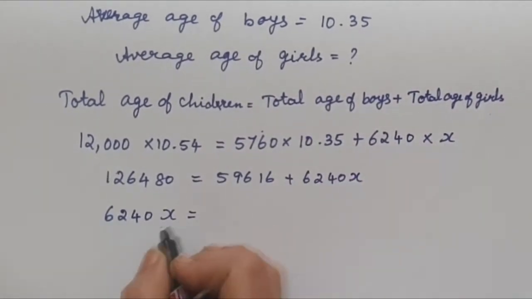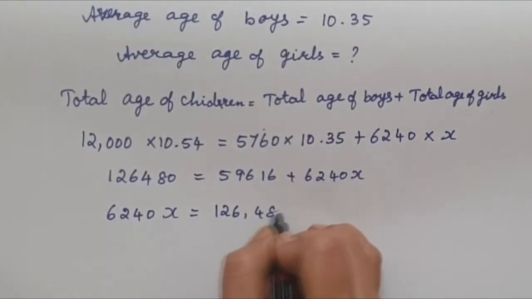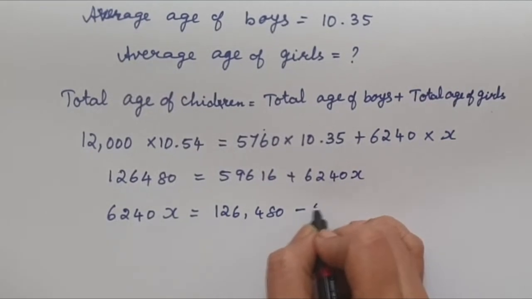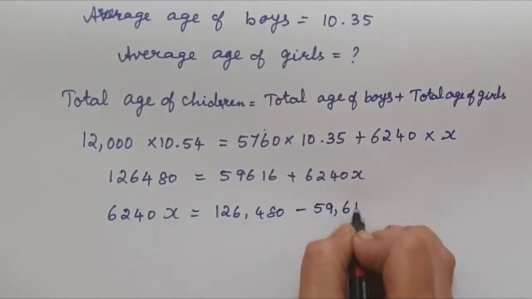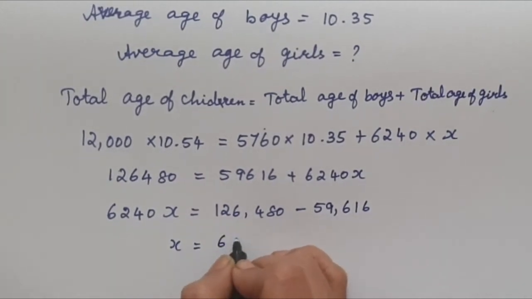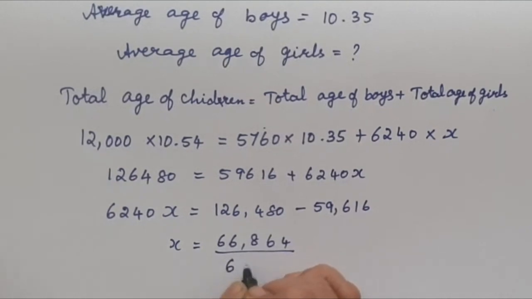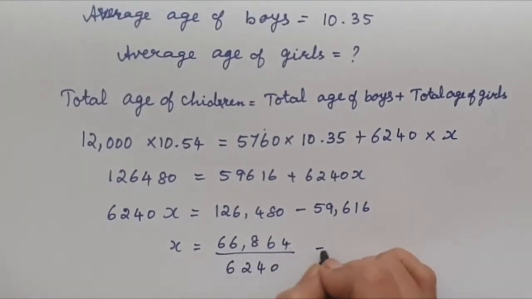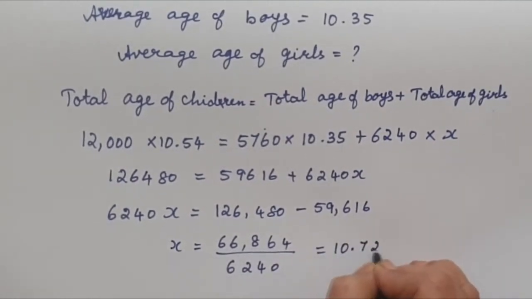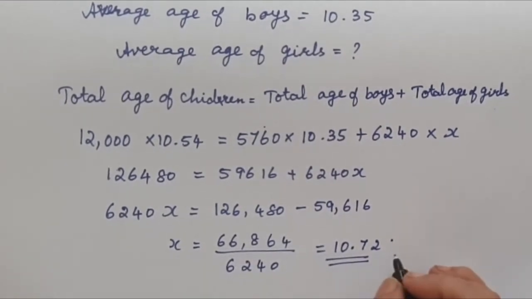So 6,240x will be equal to 126,480 minus 59,616. So x will be equal to 66,864 divided by 6,240. So it will be equal to 10.72. This will be the average age of the girls.